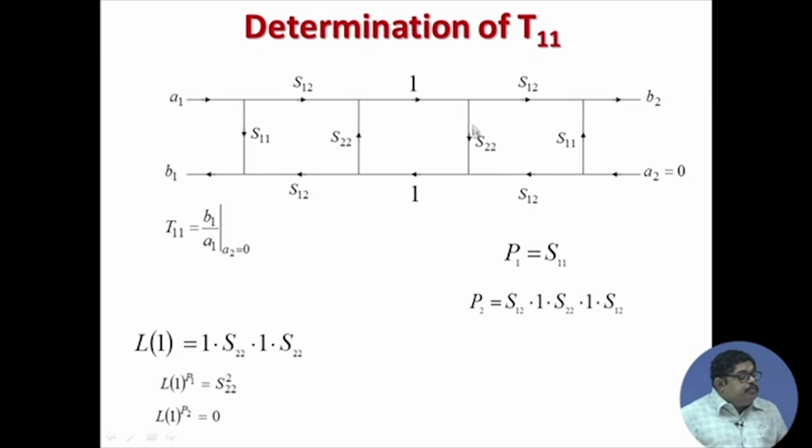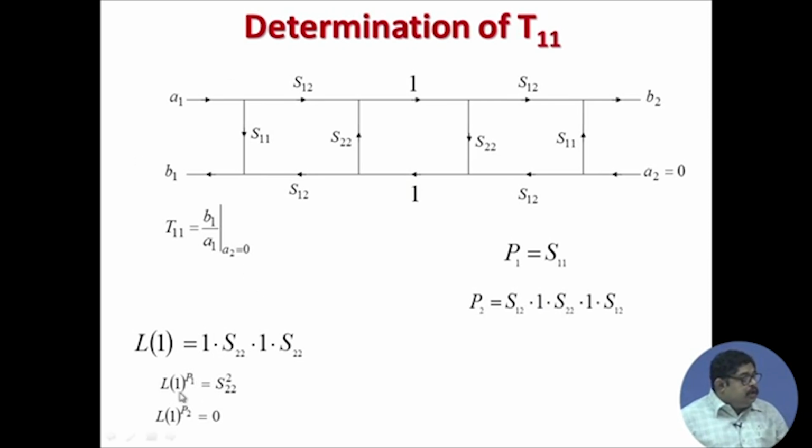This is a loop. Again, this is not a loop. So, there is only one first order loop, that is S22, that we have written as L1. Obviously, since there is only one L1, there is no L2, L3, etc.